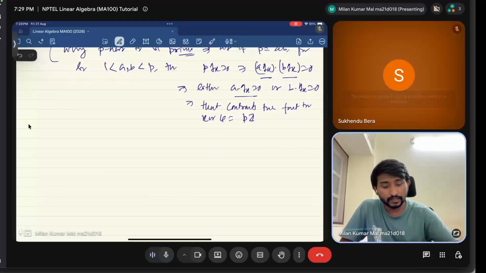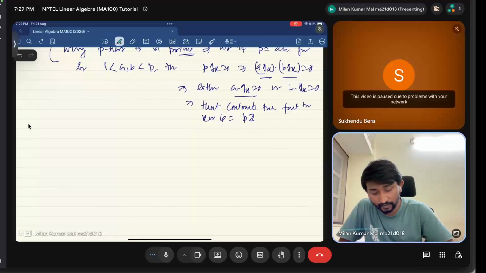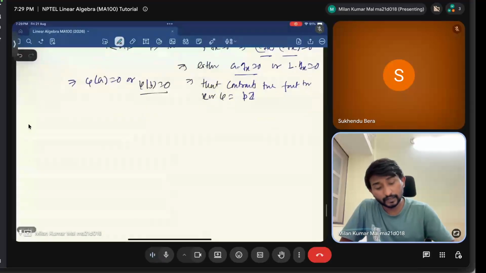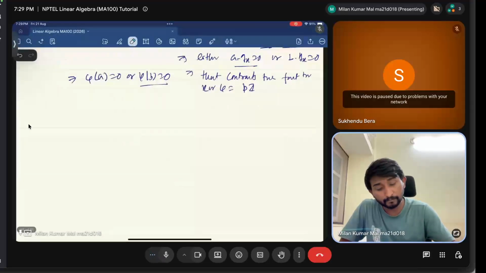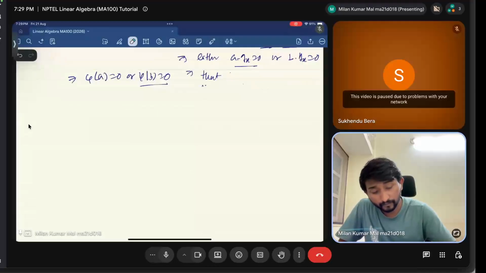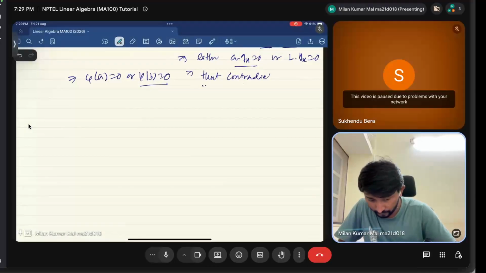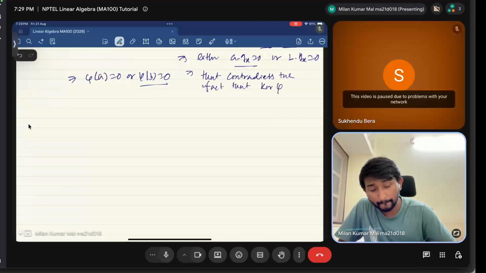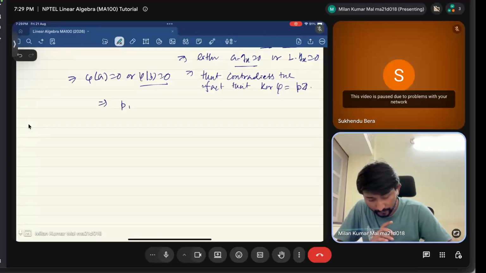That's not possible. Either phi of a is equal to 0 or phi of b is equal to 0, which contradicts the fact, so p is a prime.